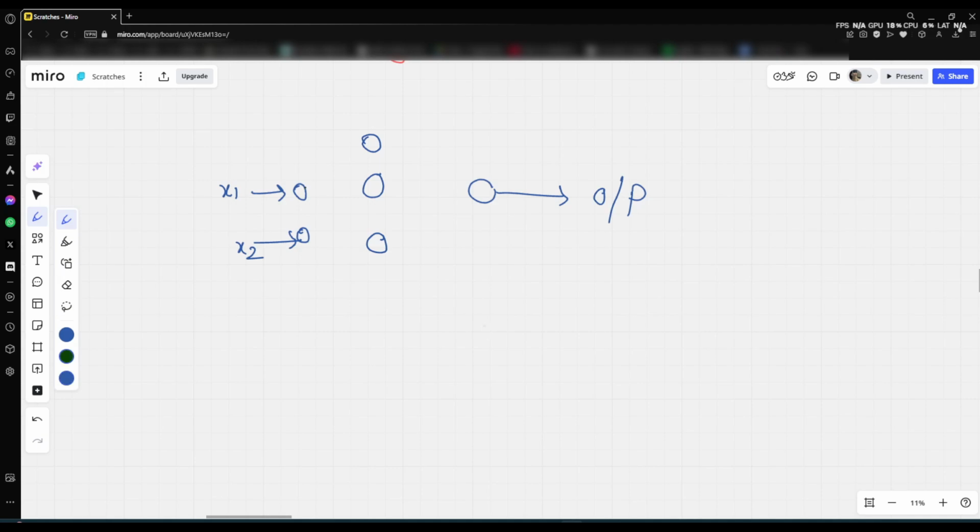This x1 is connected to this one, this one, and this one over here. This one is also connected here, here, and here. And finally they are connected to this output layer, and that's how we get the output.